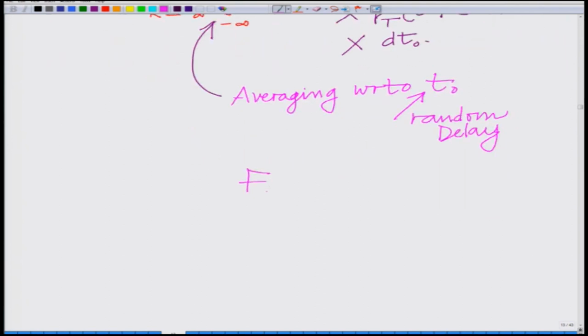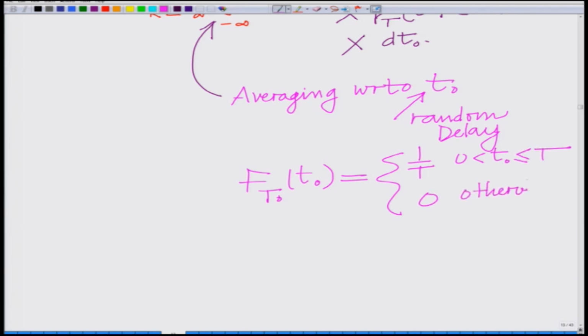So, f of T naught equals 1 over T for 0 less than T naught less than or equal to T, it is 0 outside, that is, in this interval 0 to capital T, it is 1 over capital T, 1 over the symbol time T, otherwise it is 0.